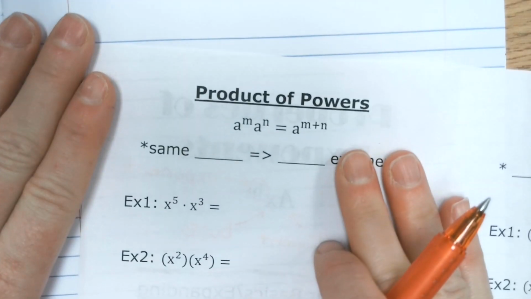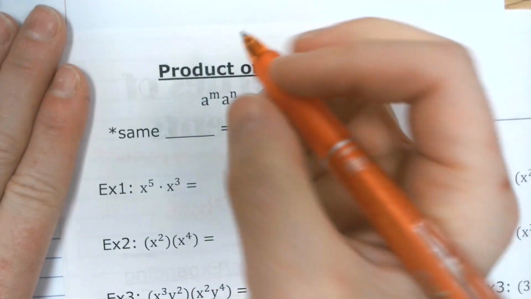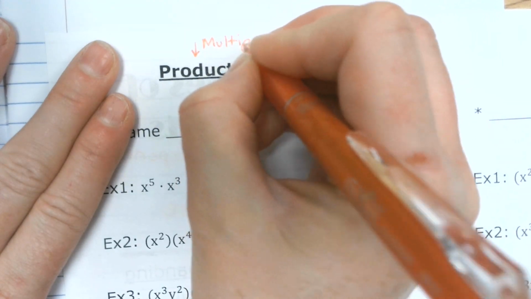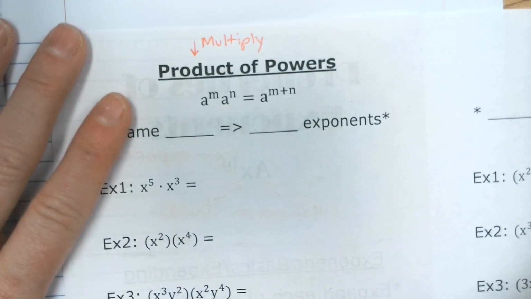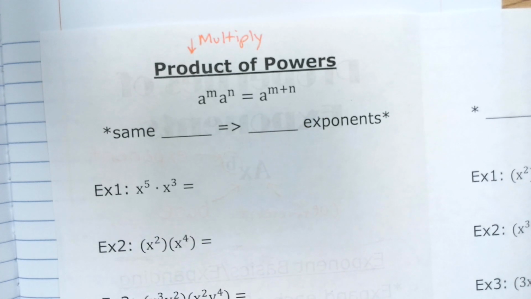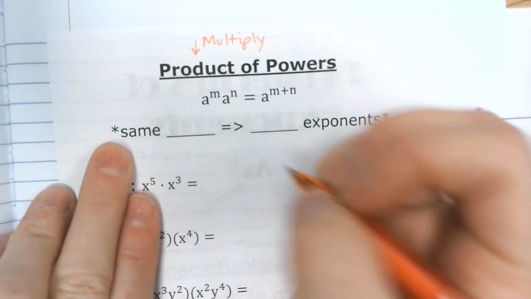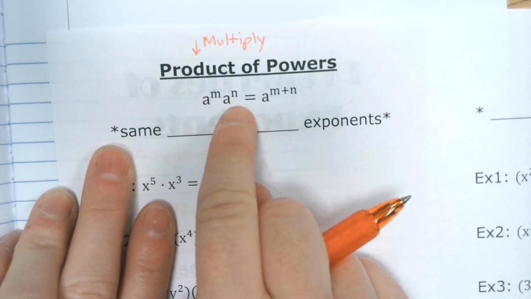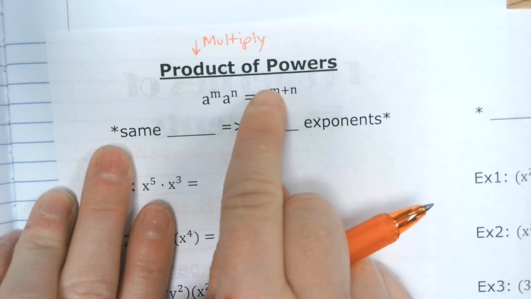It says product of powers. So product means multiply. We're looking at exponents that have the same base. So look how it says a to the m times a to the n equals a to the m plus n.